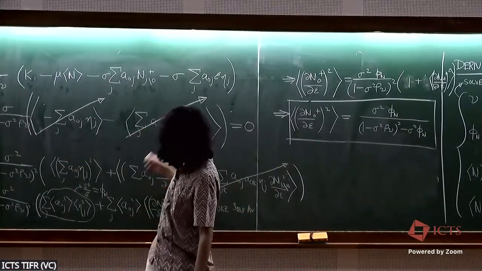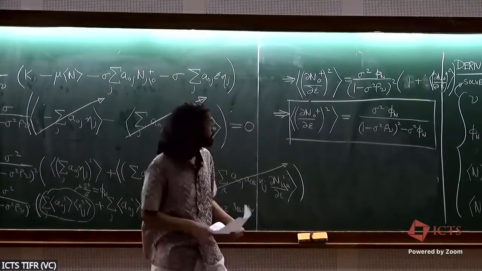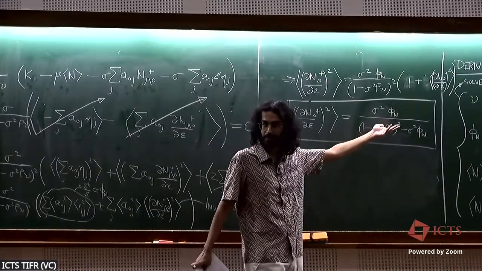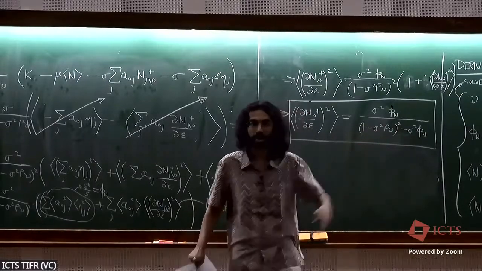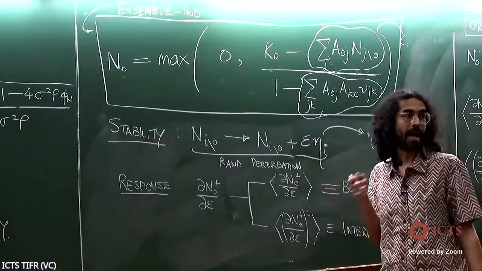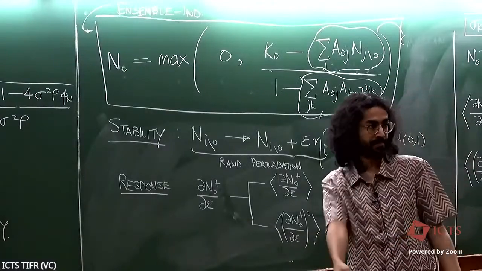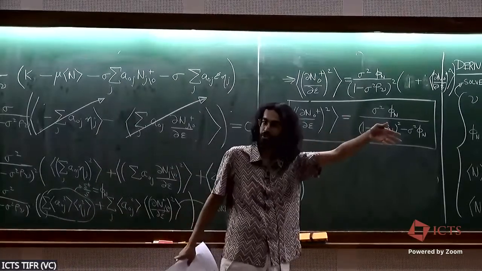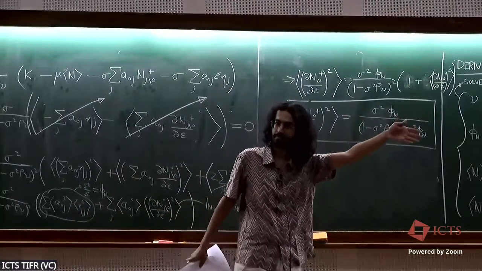This is not 0 forever. In fact, this is going to be typically finite. So everything is going to be fine. All this is saying is that if you perturb the abundances by a little bit, then in the limit that that little bit goes to 0, you're going to have a finite response. The abundances are going to change by some amount that's finite.